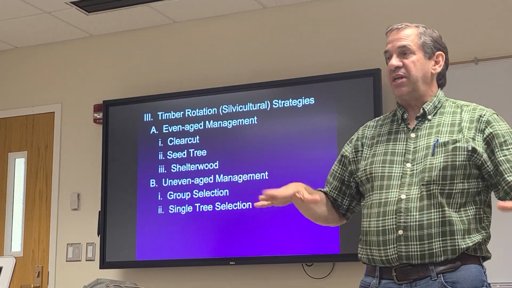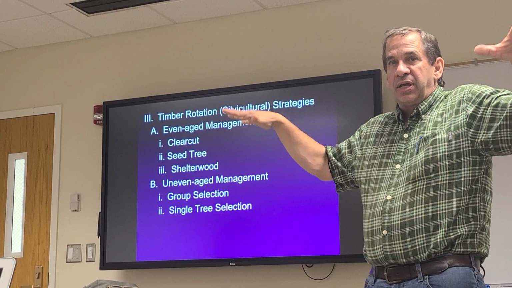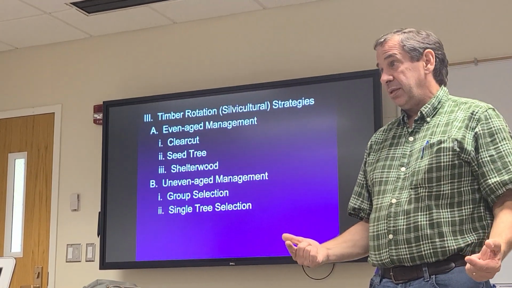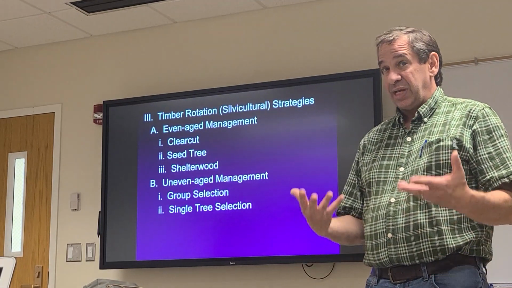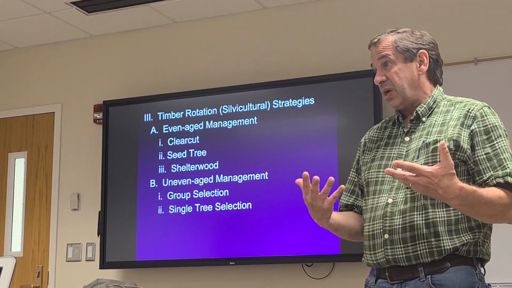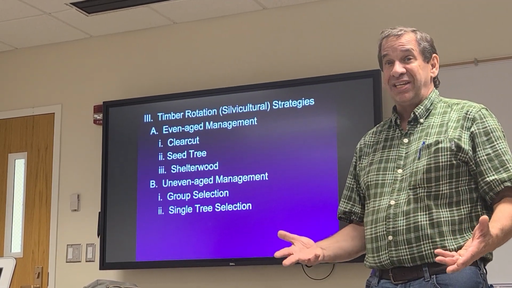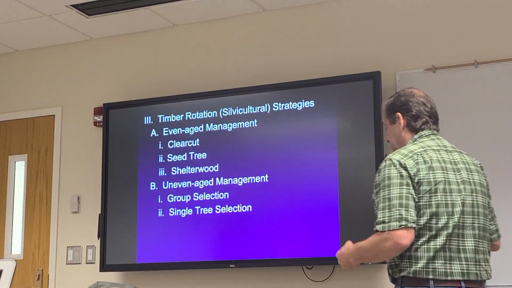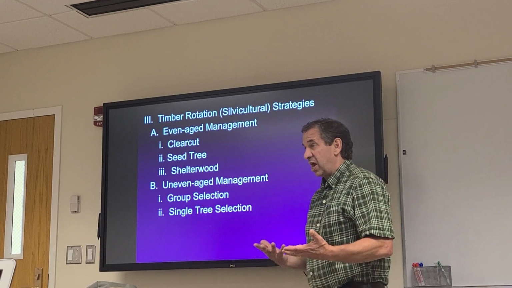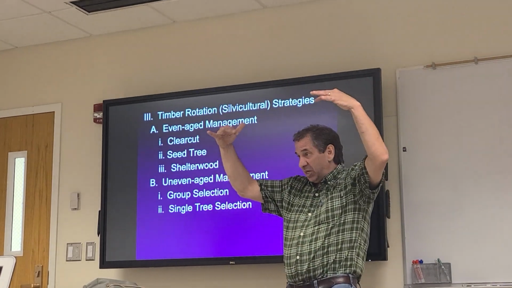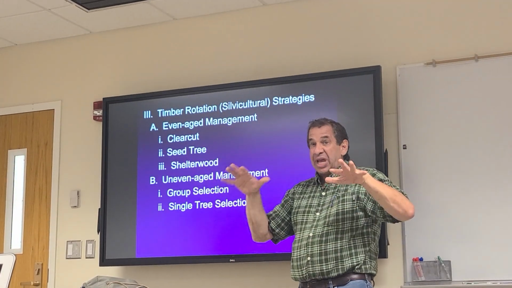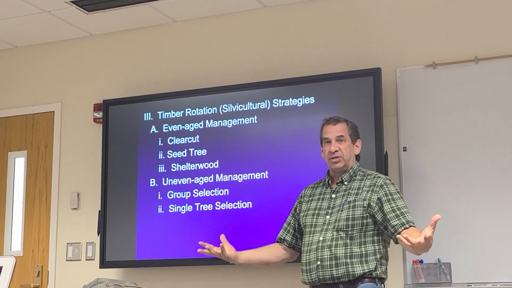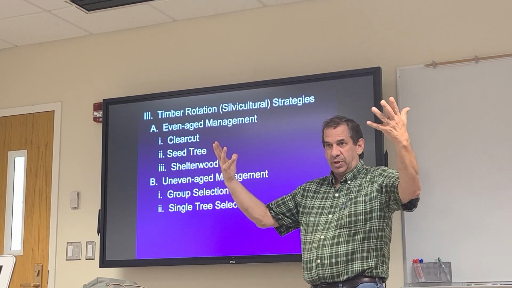They're gonna drop seeds and stuff, but more importantly, they're gonna shelter it, they're gonna shade it, so that only the trees that the next generation, only ones that are gonna come up are gonna tend to be somewhat shade tolerant. So if you want your next generation to be a species or a combination of species that are shade tolerant, you leave those shade trees on the shelterwood cut to shade out the shade intolerant species, so the shade tolerant ones can come up, okay?